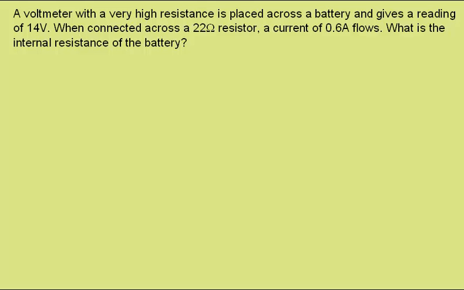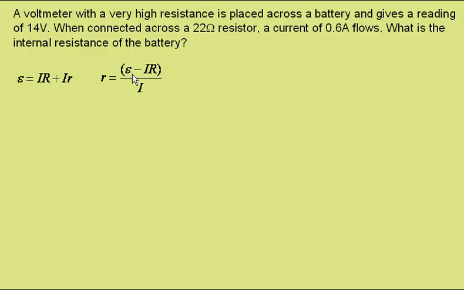Well, when we use a very high resistance voltmeter, we can assume that we are reading the EMF of the supply. So using the equation EMF is equal to current multiplied by external resistance plus current multiplied by internal resistance, we can rearrange to get the internal resistance is equal to the EMF minus the current times external resistance, divided by the current.